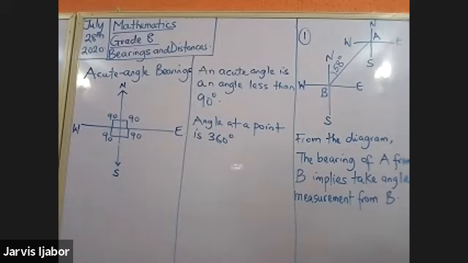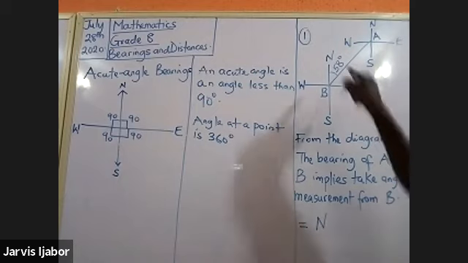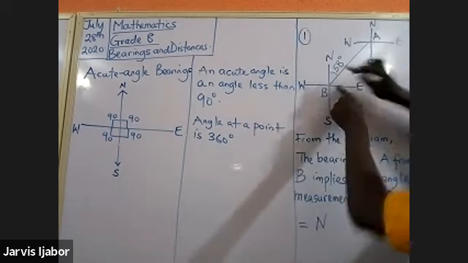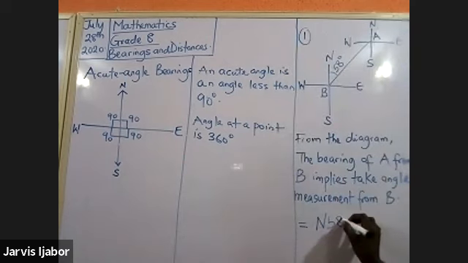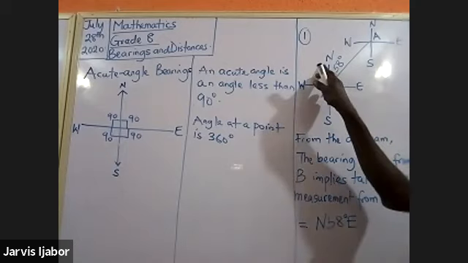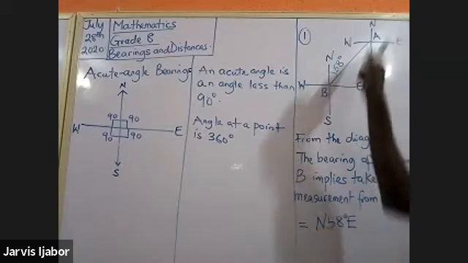Now, what is the bearing? The bearing will be north, 58 degrees what? East. That's what it's going to be. North 58 degrees east.